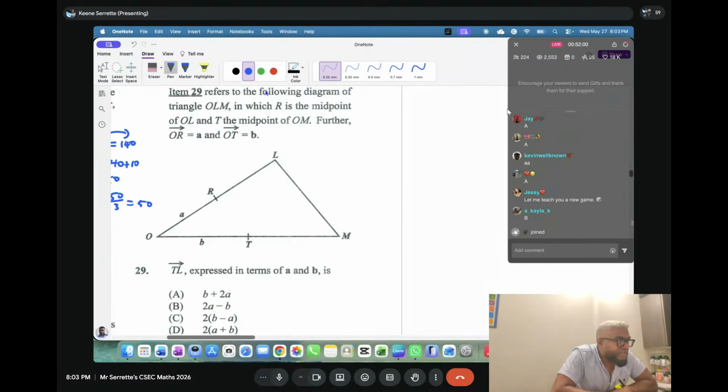Item 29 refers to the following diagram of triangle OLM in which R is the midpoint of OL and T the midpoint of OM.